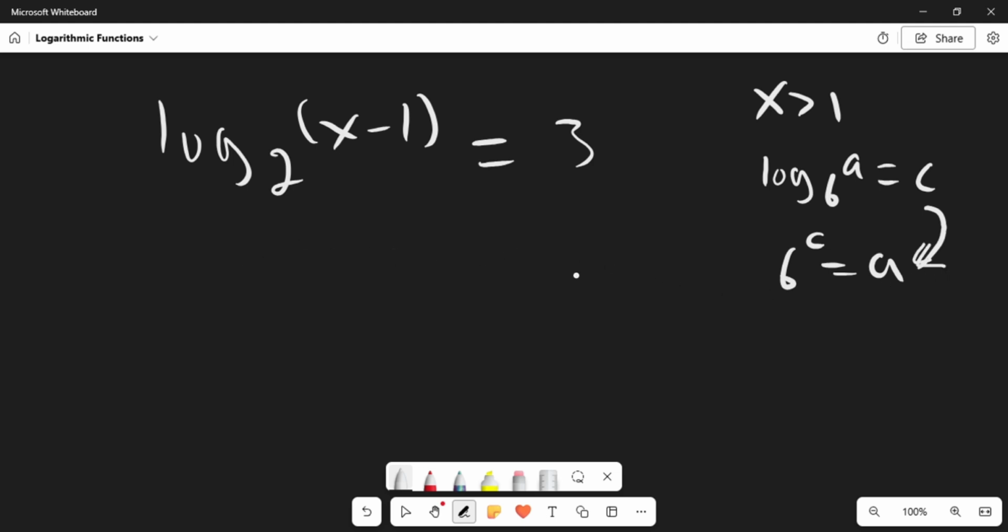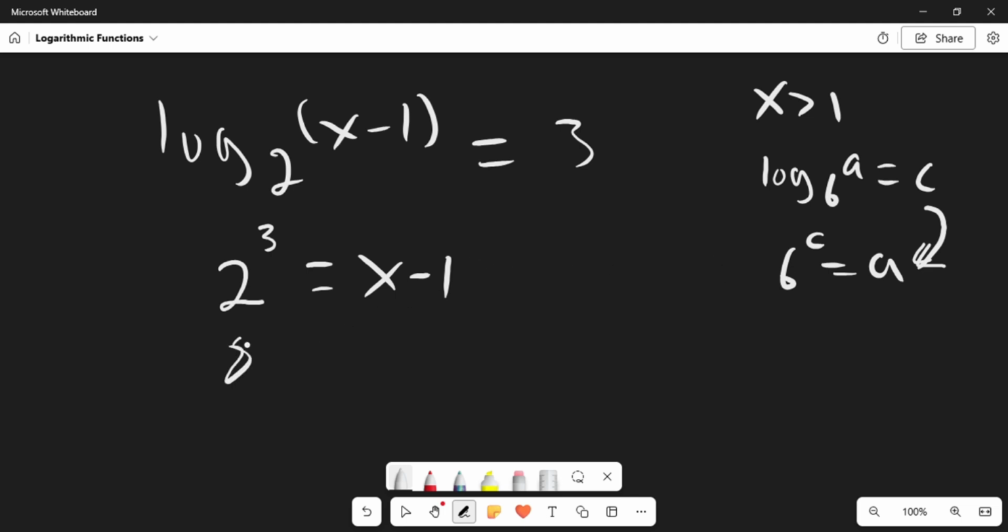So how do we do that? We keep the 2 because that's the base, and then we get this c and we put it as the exponent. Whatever is on this side, you always put as the exponent and you keep the base. And then you of course set this equal to x minus 1, because that's the only thing we have left. The a is this right here, and you set it equal to what you have here.